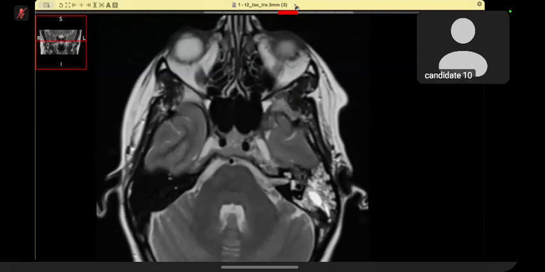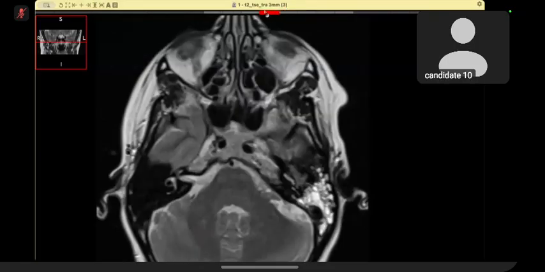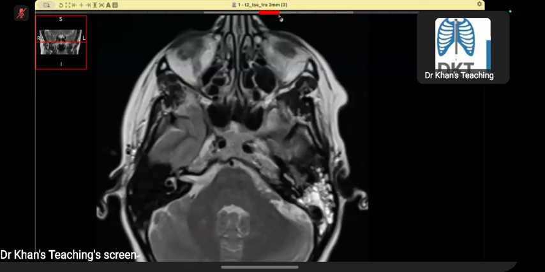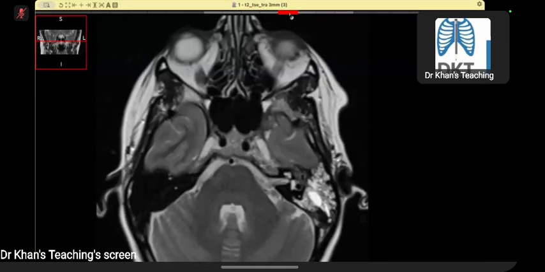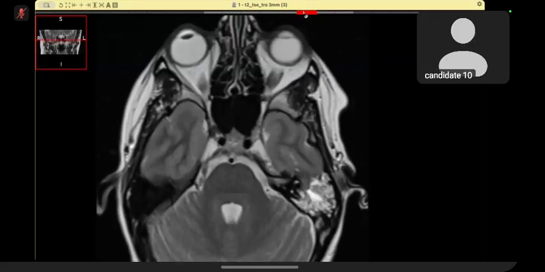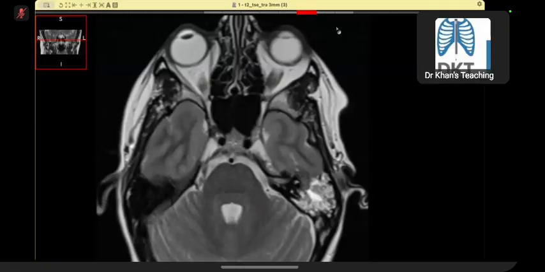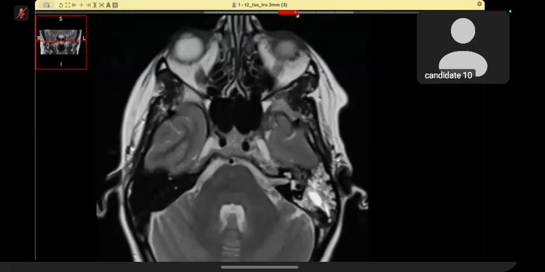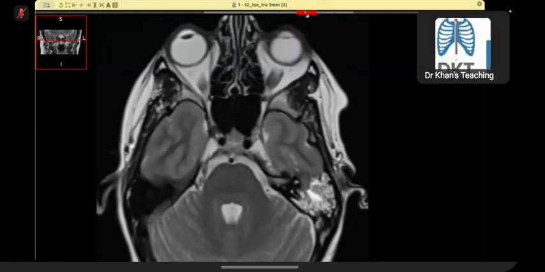I would like to check the vestibulocochlear nerves. So the nerves were fine on the CISS sequence. There was nothing abnormal there. Okay, look at the middle ear. Point it out to me, please.